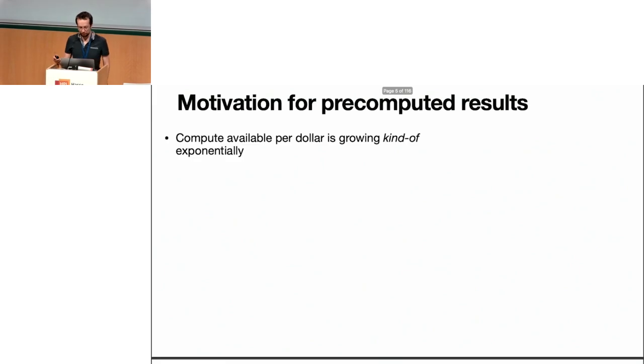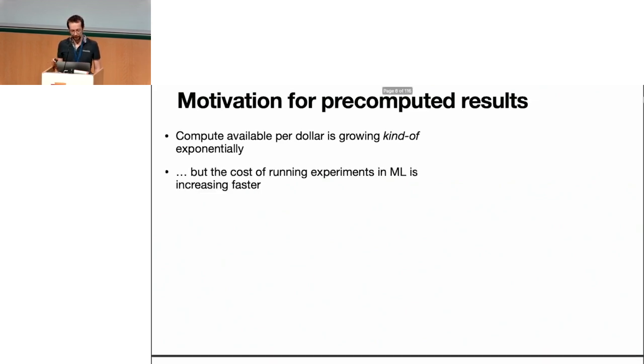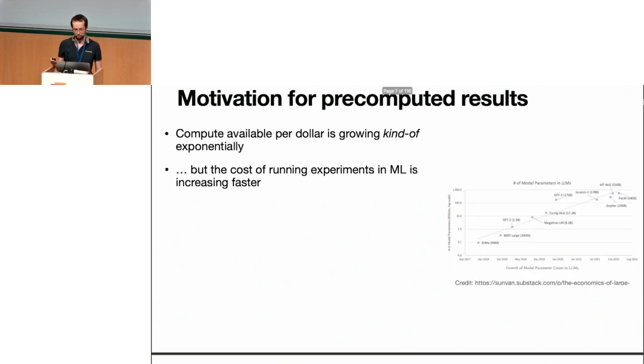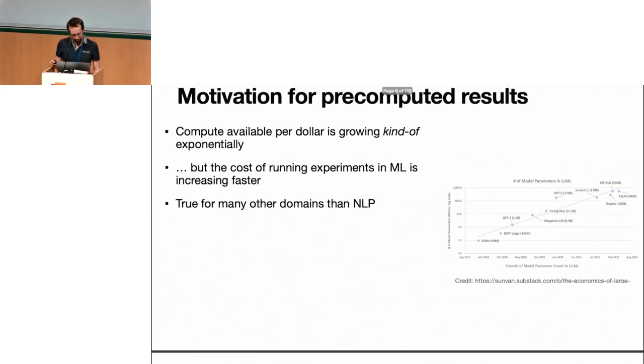So let's go for the motivation. We all know that the compute per dollar is growing kind of exponentially with Moore's law, but the cost of running experiments in ML is growing even much faster. So, we can look at ChatGPT and how many parameters it has, and we know that. But it's true not just for ChatGPT, it's true for NAS and so many domains.